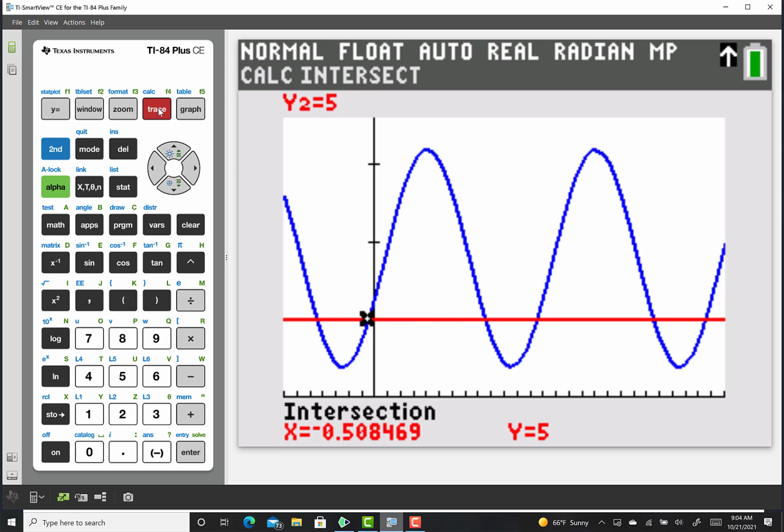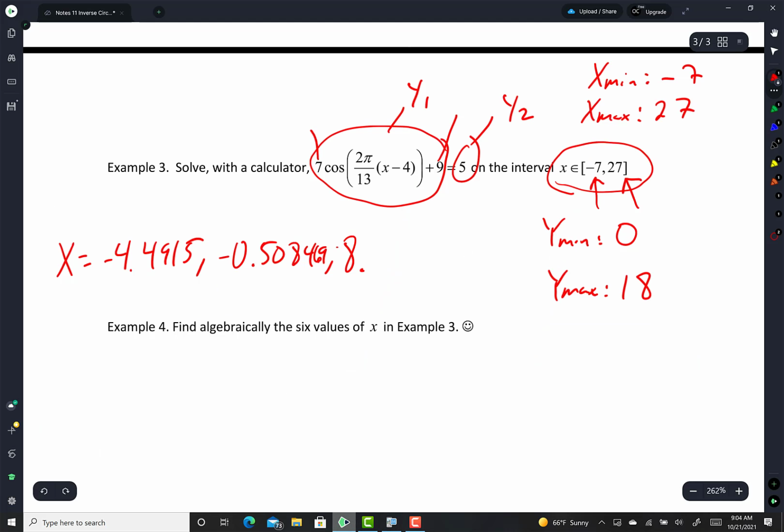Second, calculate, 5. Enter, enter. 8.5084688. 8.508, comma. Give me the last 3, guys.